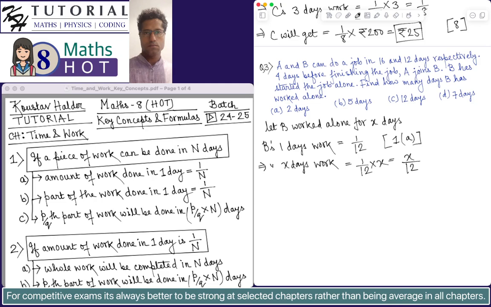Okay. Now after X days, A joins B, and the work was finished in the next 4 days. So B's X days work is X by 12. So this implies work left. Definitely in the first X days, B did not complete the job. So some part of the job was left, and the work left will be equal to 1 minus X by 12, which is equal to 12 minus X by 12.